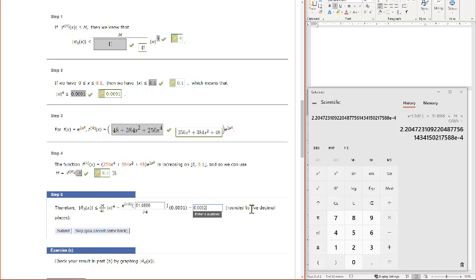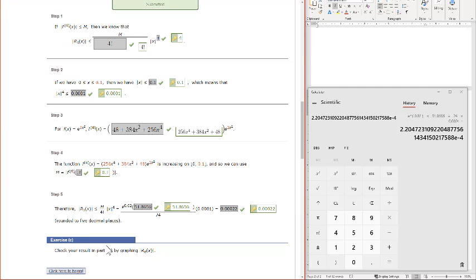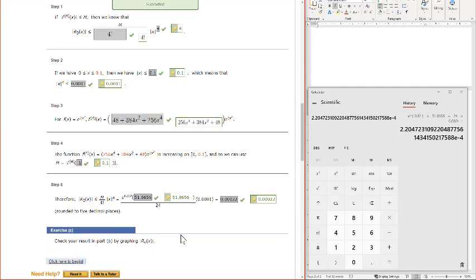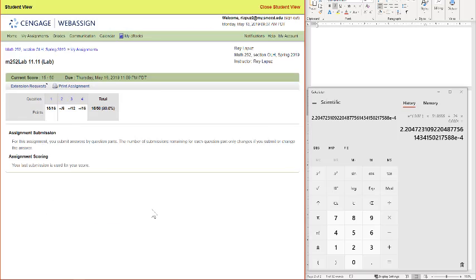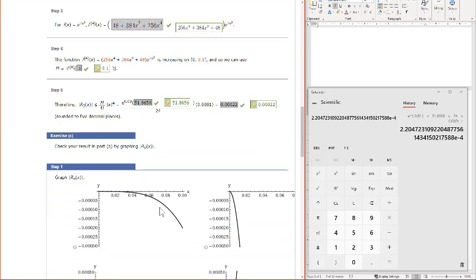And then the next number is 2, and then 204. So I think that should be good. All right. So we have a really small error here, which is good. As we get larger Taylor polynomial degrees, then we have a smaller error.